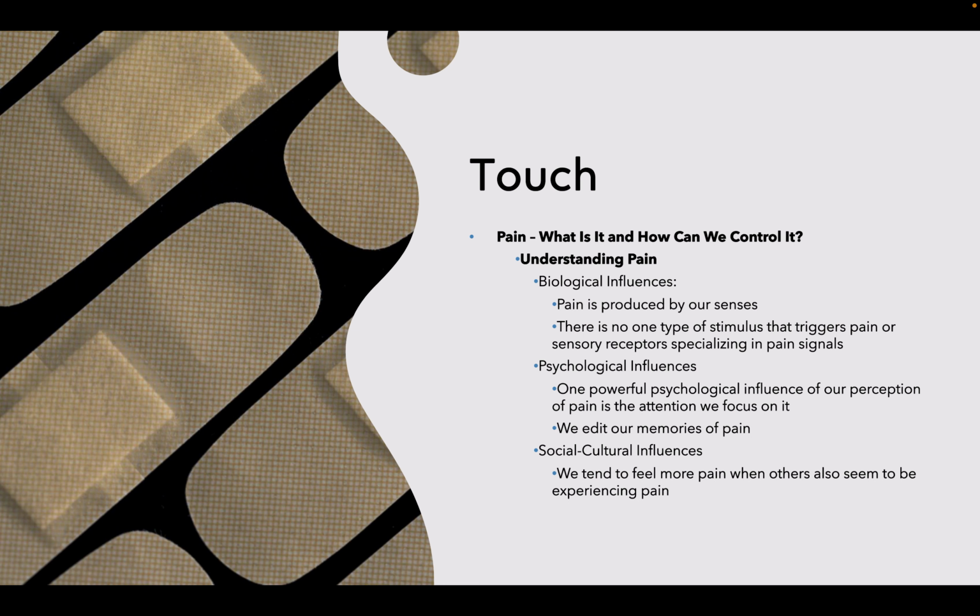So what are the biological influences? Pain is produced by our senses. There is no one type of stimulus that triggers pain, and there are no sensory receptors that specialize in pain signals. Pain comes from all of our sensory receptors that then send the information to our brain that then tells us that we are experiencing pain.